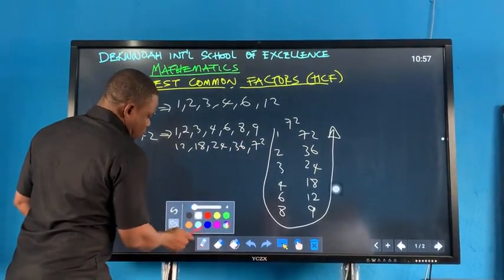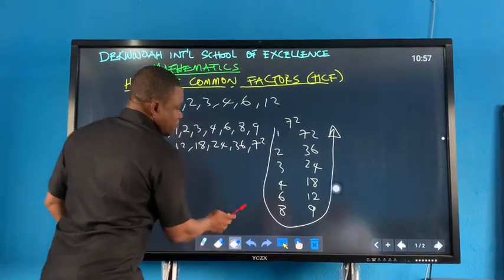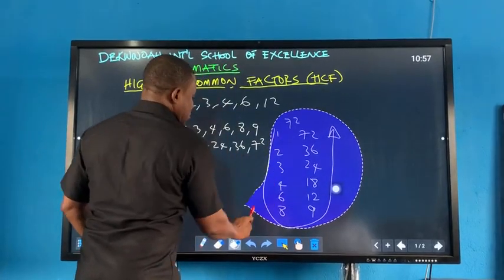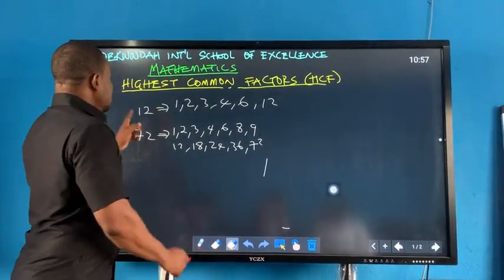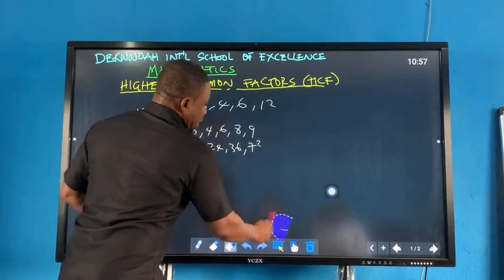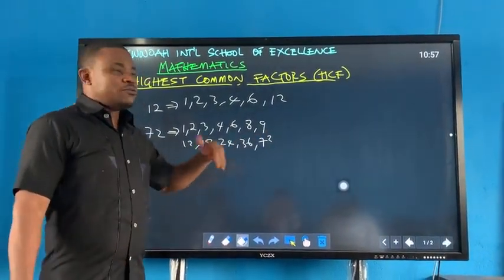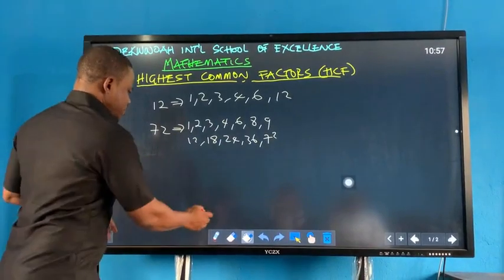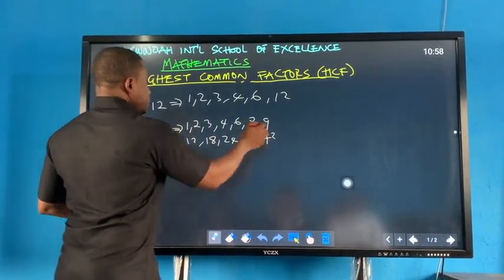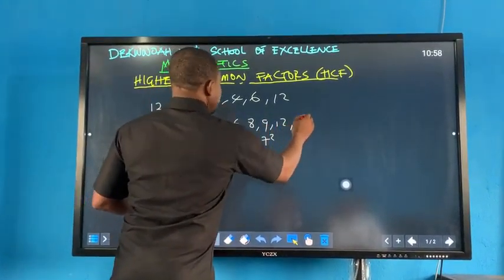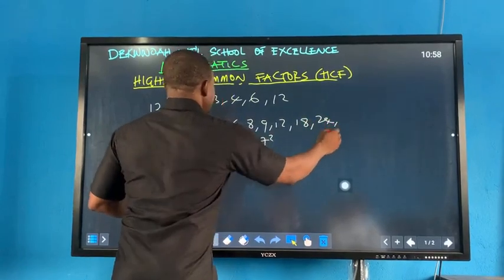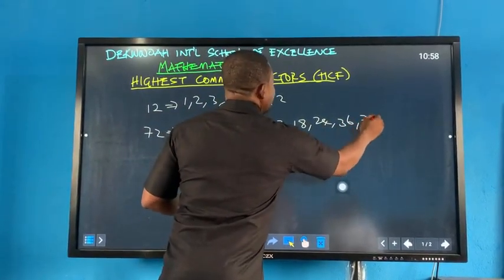This is one easy way of checking for factors of a number. Alright? So these are the factors of 12 and 72. You can find factors for other numbers this way. Let me write them properly, sorry. I have 12, 18, 24, 36, and 72.